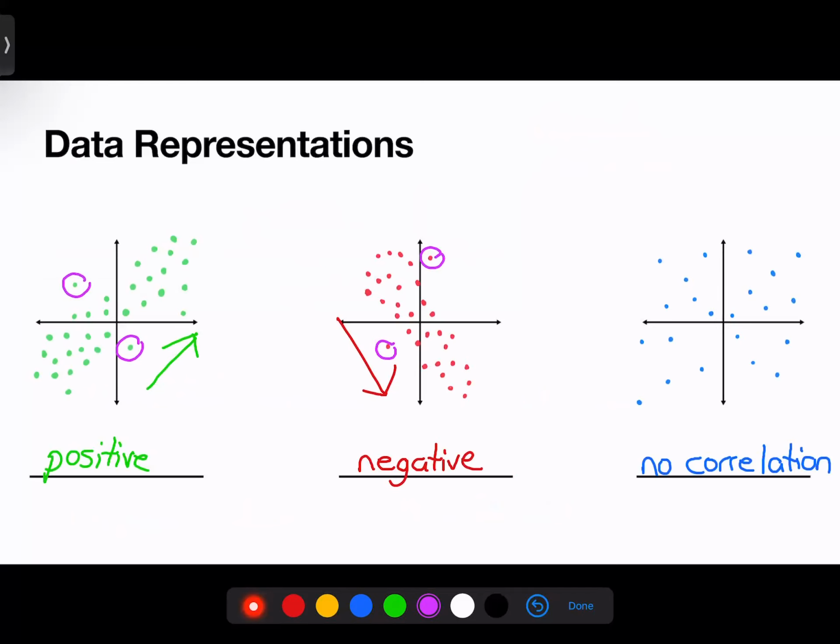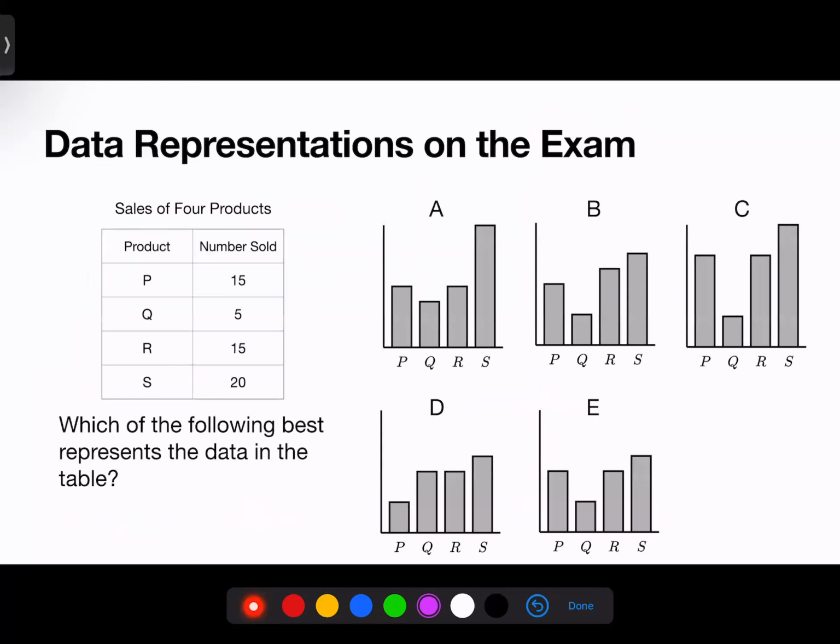Let's review what data representations may look like on the exam. We have sales of 4 products, products P, Q, R, and S, along with the number they have sold so far. Which of the following best represents the data in the table? So we're converting data from a table into a bar graph. I see that Q has the lowest sales.